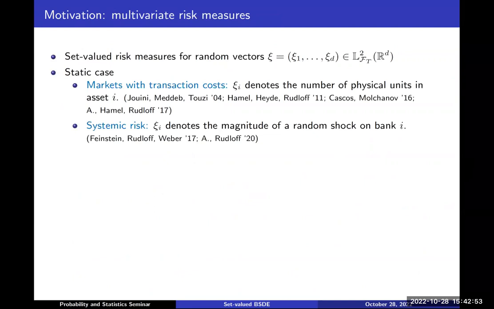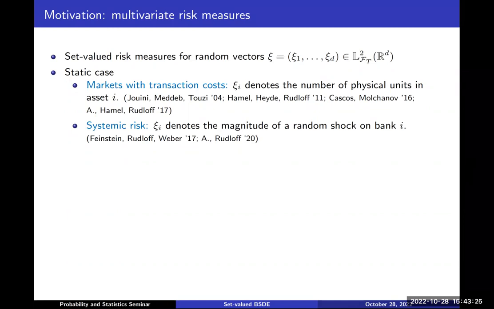What motivated us for this work was the multivariate extension of this framework. When you have a terminal value which is multidimensional, how do we calculate the risk of such a financial position? So we have a vector C this time, a d-dimensional vector, and there are two motivations to study such a problem. One is coming from currency markets with transaction costs.